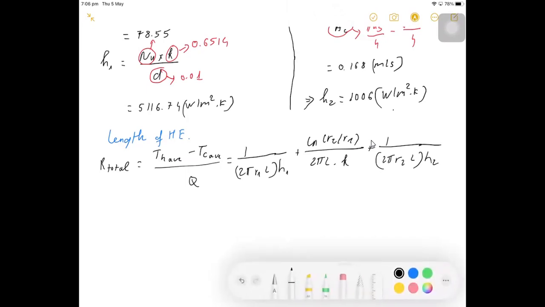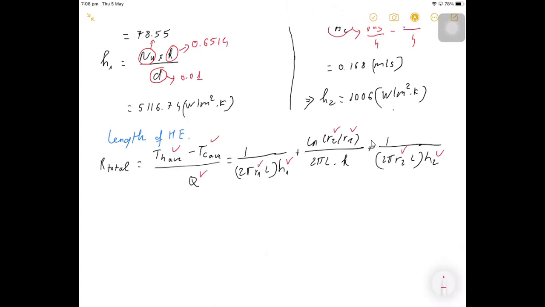Okay. So you see S1, S2 you have, right? R1, R2 you have. T hot average, T cold average you have. Q we have. K is the thermal conductivity of the material used to make the inner tube. Okay, and the material in this case is stainless steel.